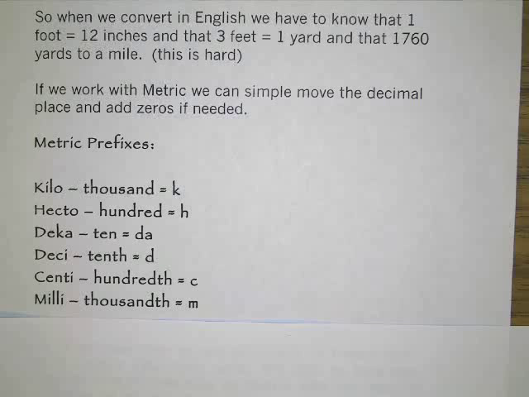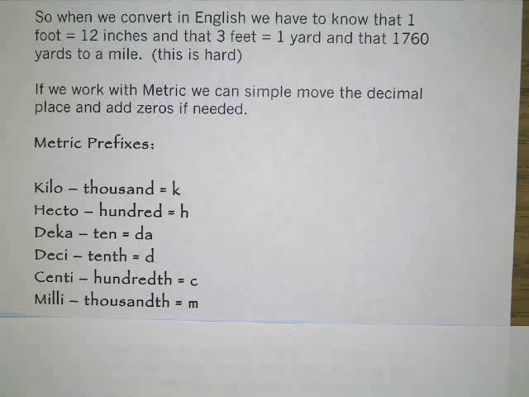Then we have hecto, which is 100, represented with a simple H. So we would see HM for hectometer, HG for hectogram. Then we have deca, which is 10, represented with a DA. So it would be DAG for decagram or DAM for decameter.